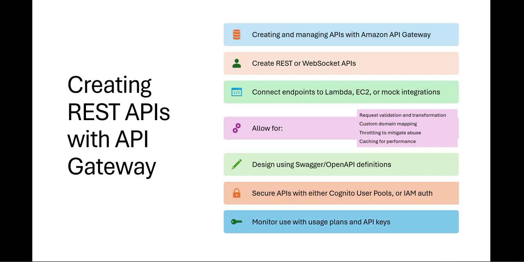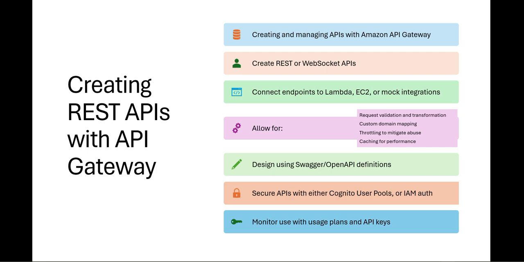And here is creating REST APIs with API Gateway. First one is creating and managing APIs with Amazon API Gateway. Create REST or WebSocket APIs. Connect endpoints to Lambda, EC2, or mock integrations.